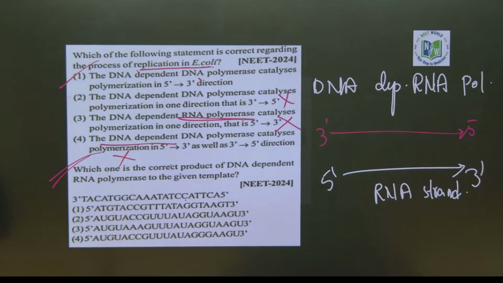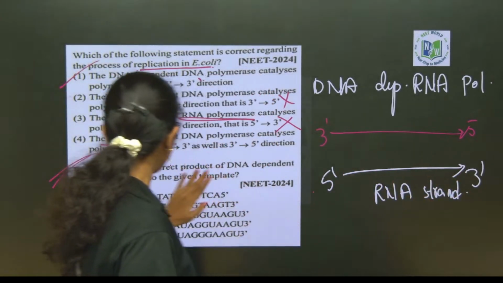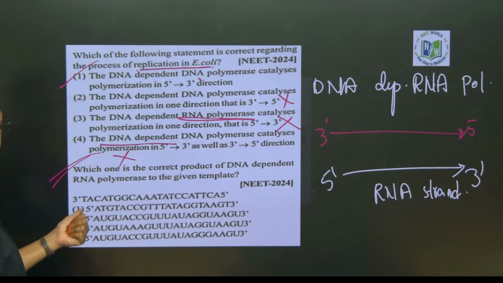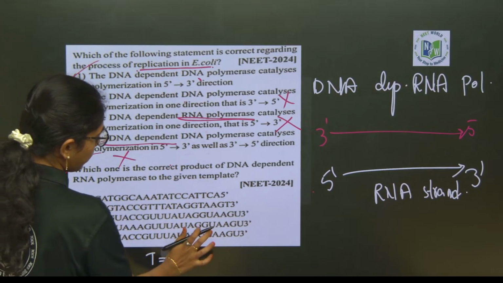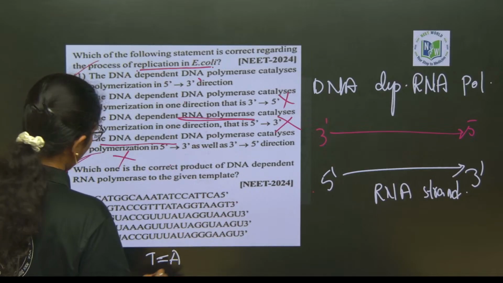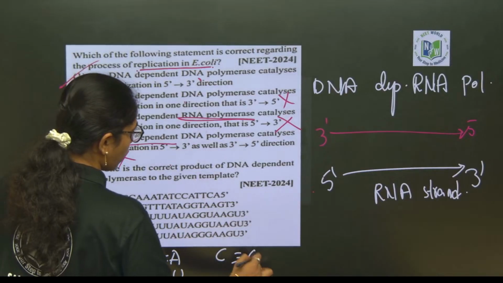This is an online session, beta, purely online. Yeah. So this is from 5 prime to 3 prime. Here, at 3 prime, what is there? TAC. First you have to look into the complementarity. Thymine binds with what? Thymine binds with adenine. Adenine binds with uracil. Cytosine with guanine.